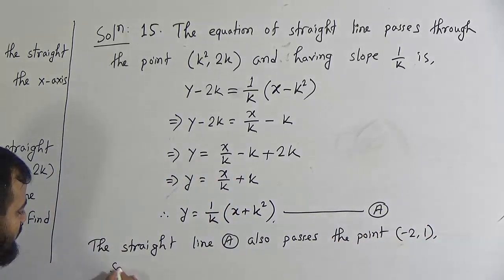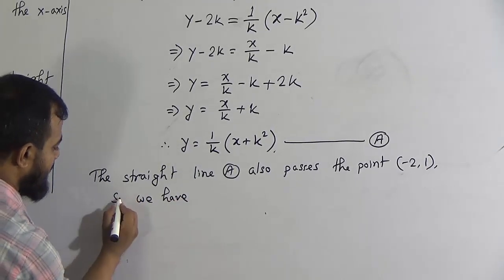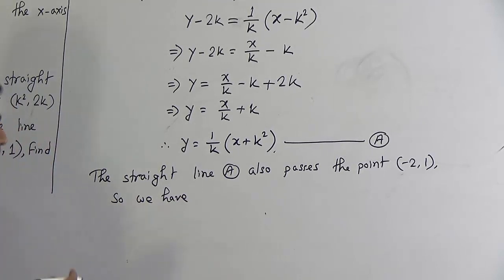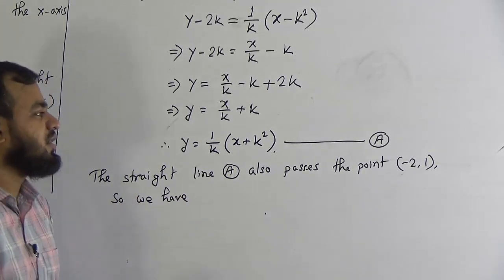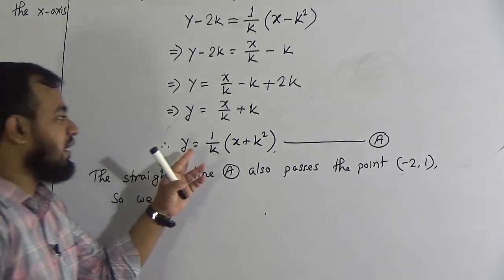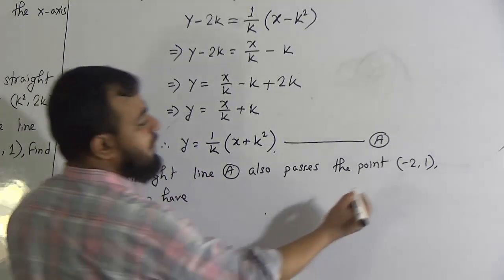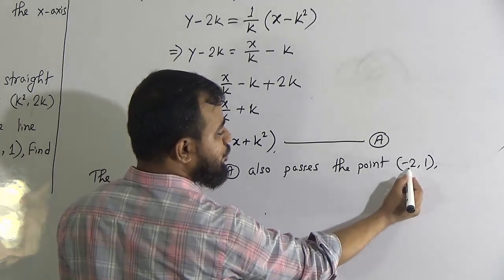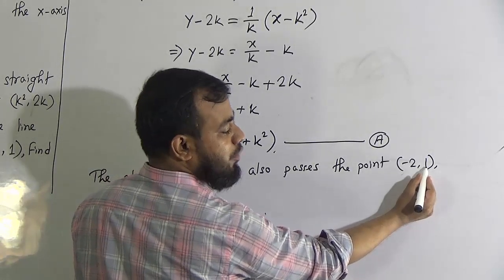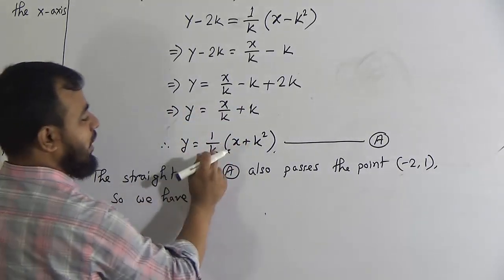So we have, if any line passes through a point, then that line must be satisfied by that point. So our value of x here is minus 2 and our value of y here is 1. We will put the value of x and y here.